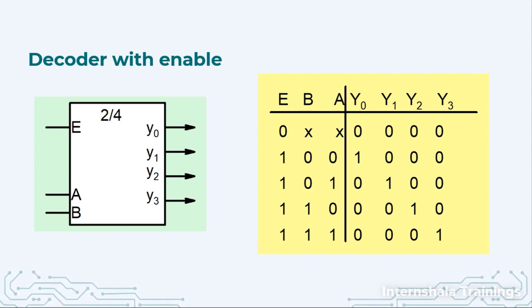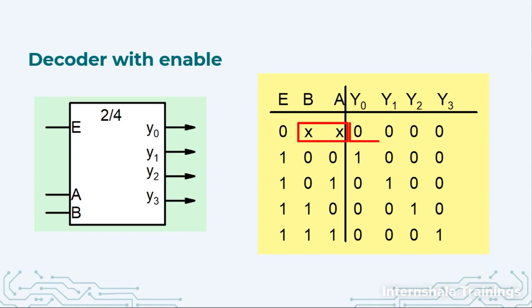When we look at the truth table, look at the first entry very carefully. This is not a single entry. This is basically 4 different entries. 0 is for E, and for B and A, X is written. That means whatever is the value of A and B, there are 4 possible cases: 0 0, 0 1, 1 0, 1 1.